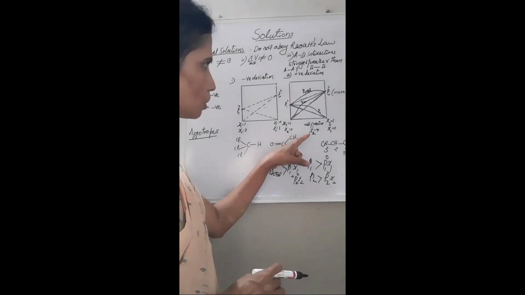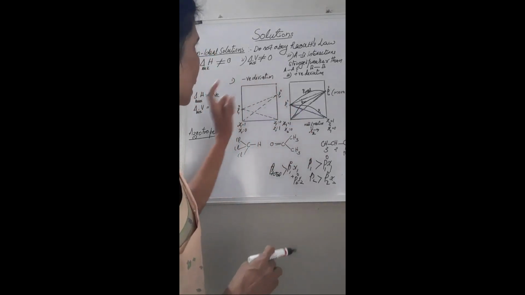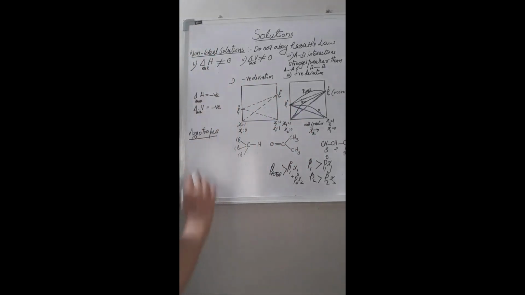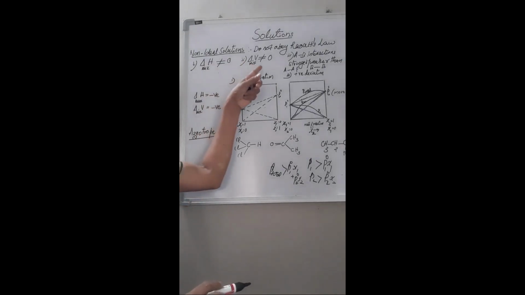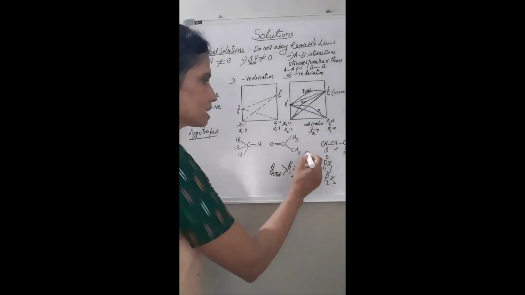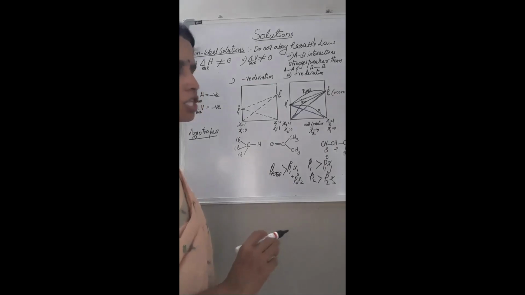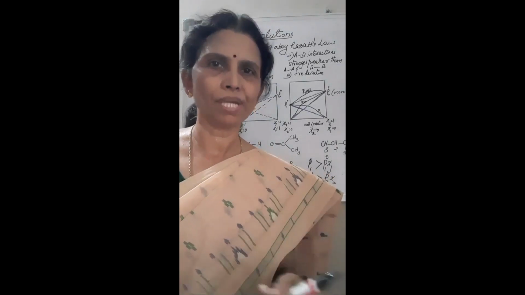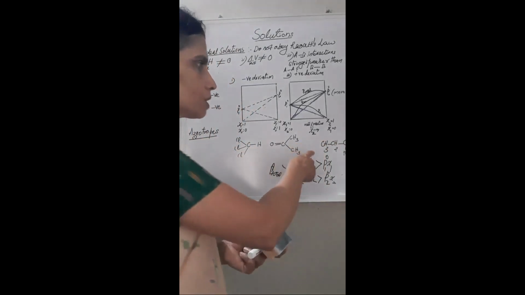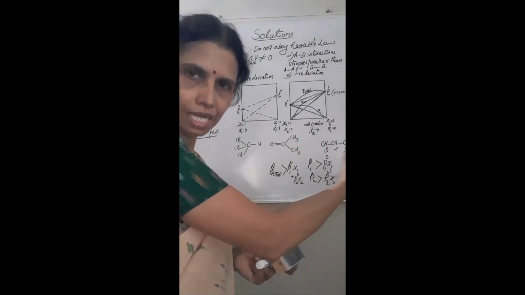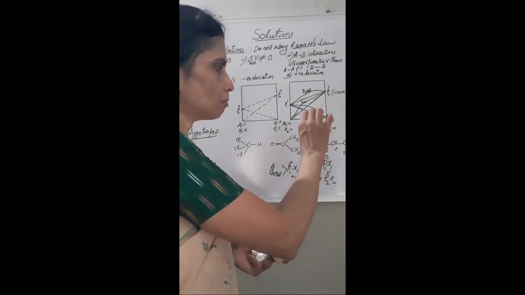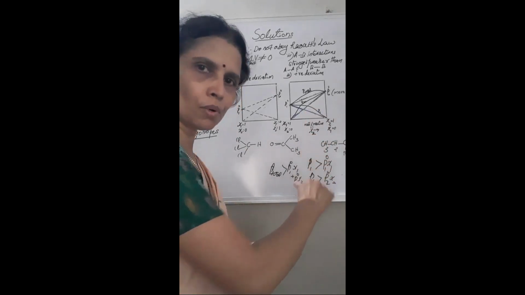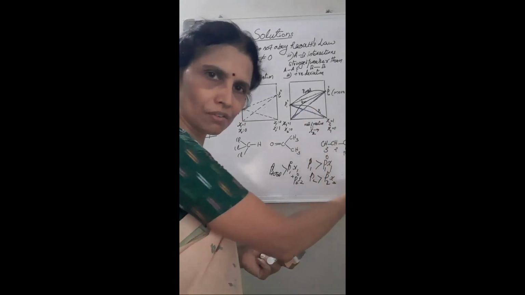And for such a solution, let us consider delta H mixing and delta V mixing. Delta H mixing is the enthalpy change on mixing. Interactive forces become weaker; that is, the bonds present in the pure components break and new bonds are formed.